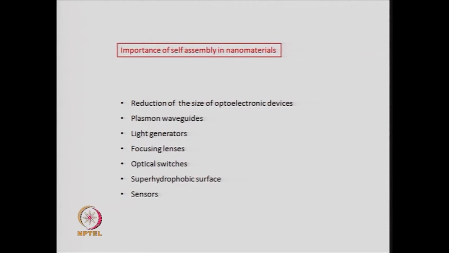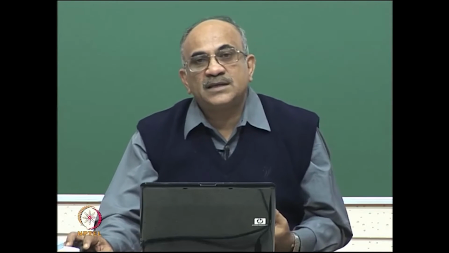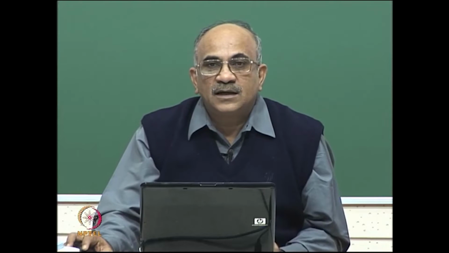Now, the importance of self assembly in nanomaterials is immense. There are many applications. For example, there is a lot of use in optoelectronic devices. So, many everyday gadgets and devices are based on optoelectronics.